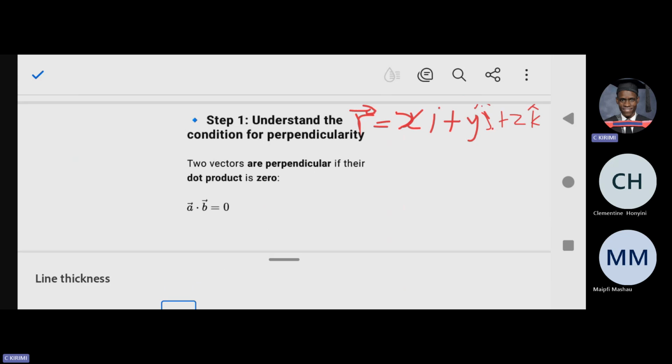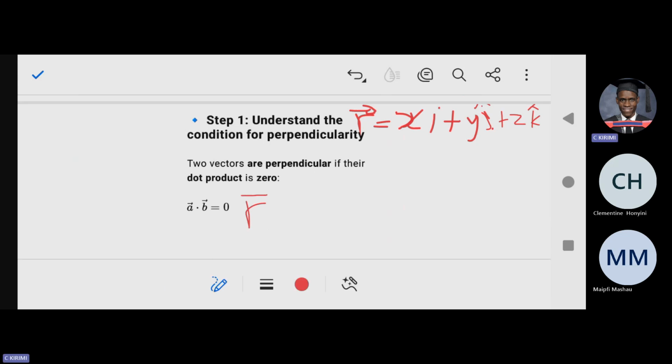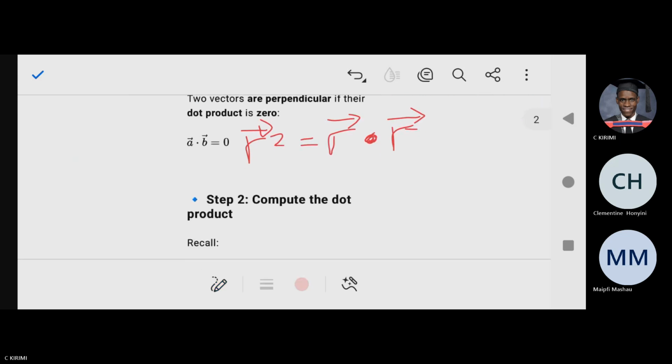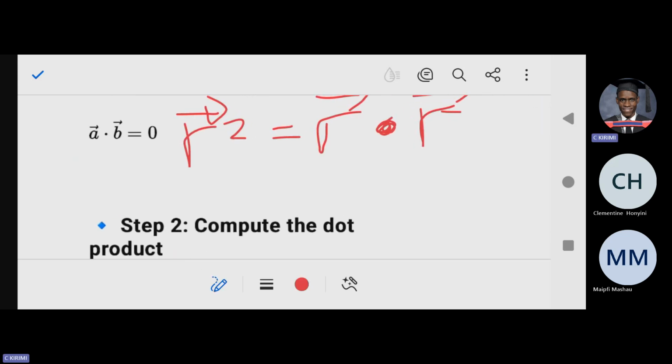So r squared as a vector is equal to r as a vector dot product with another r as a vector. Is it clear? So it's two r's that I'm applying to each other. Then we dot our r's.